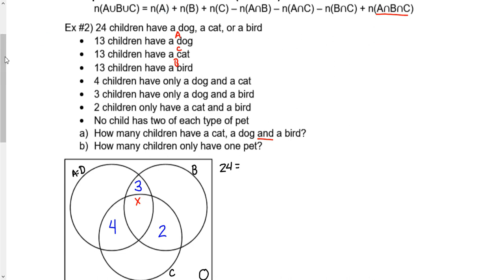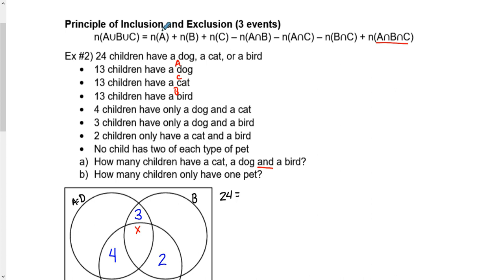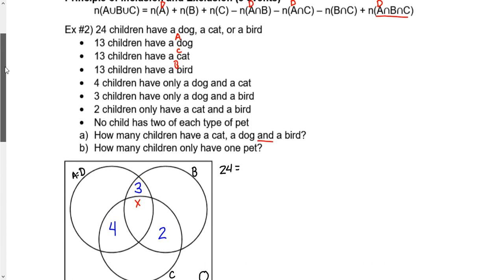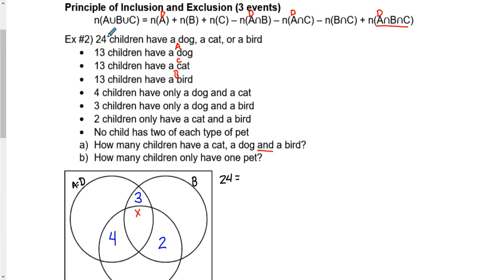Number that have a dog. Again, we'll use A means dog. So every single time I see A, I'll just put in B. So it says that 13 have a dog. Okay, so 13. How many for a bird? 13. Awesome. And cat, 13. We have to subtract the number in dog and bird. So dog and bird, though, is talking about this entire intersection.